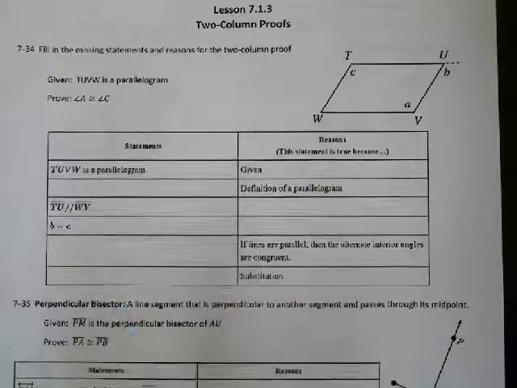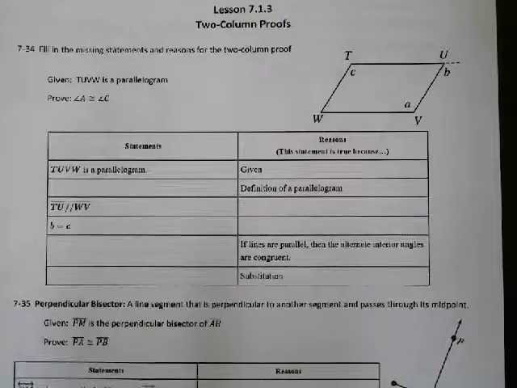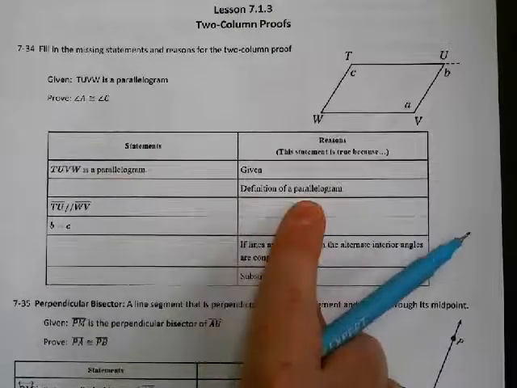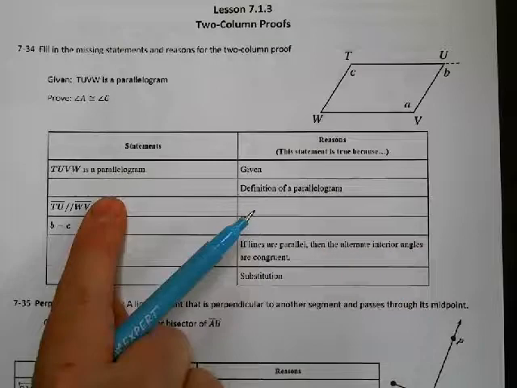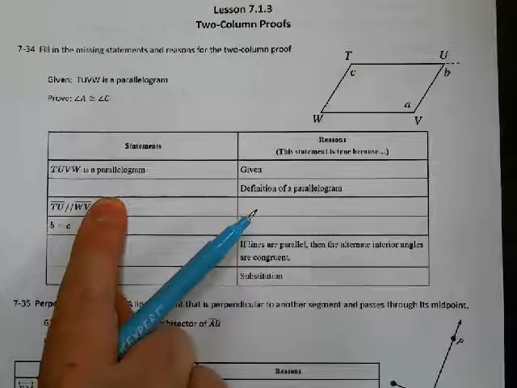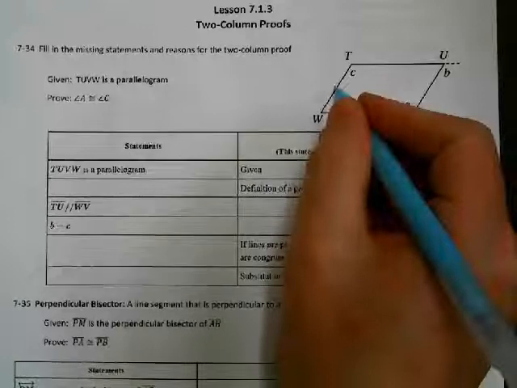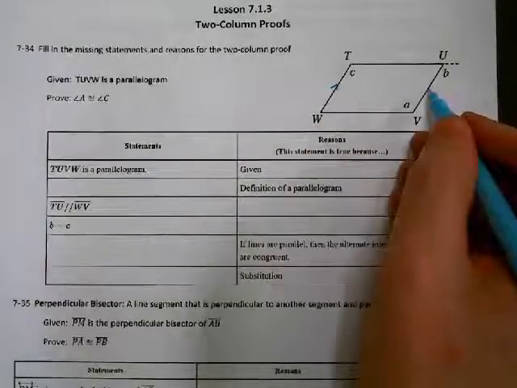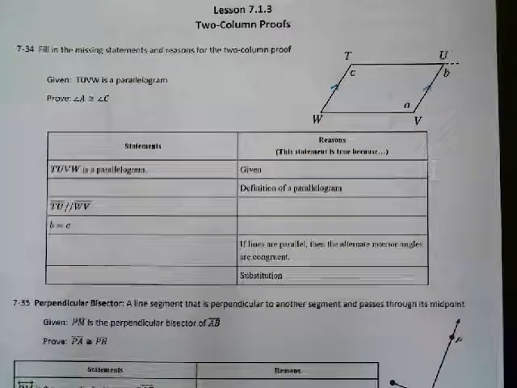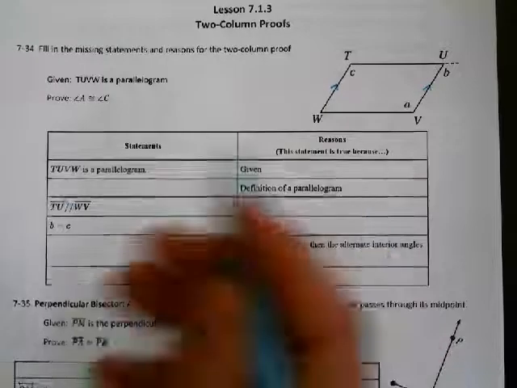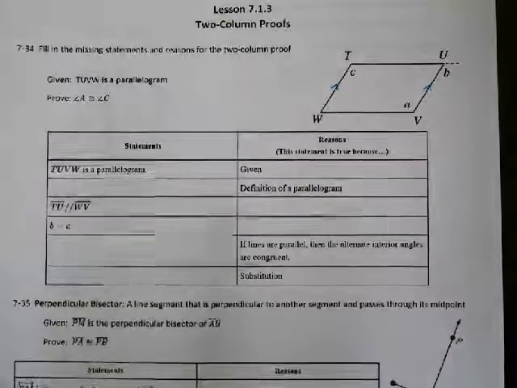Now, because that's a parallelogram, we know that the opposite sides are parallel. So here it says definition of parallelogram. We want to fill in the statement that's missing. Well, we know that since it's a parallelogram, TW is parallel to UV, because that's the definition of a parallelogram. It has opposite sides that are parallel.